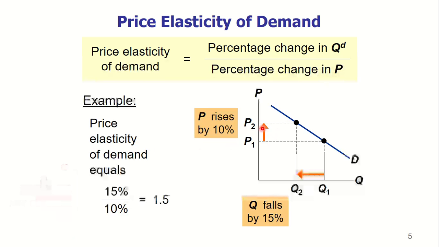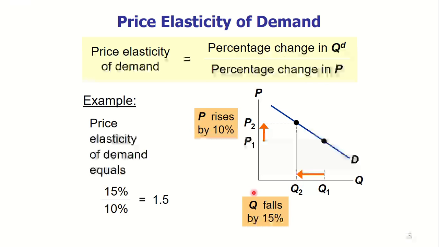That's the percentage change in price, and quantity falls by 15%. Initially it was at this point, that is quantity demanded denoted by Q1, then it decreases by 15% and comes to this point, that is Q2. That's the percentage change in quantity demanded.